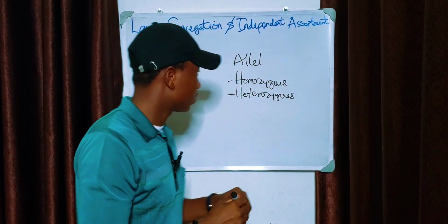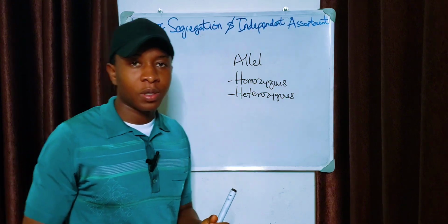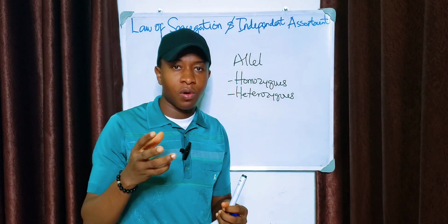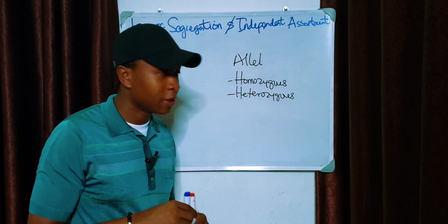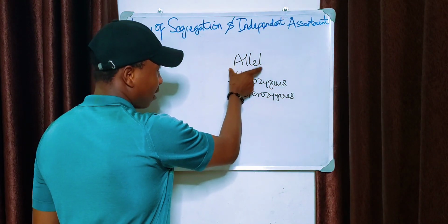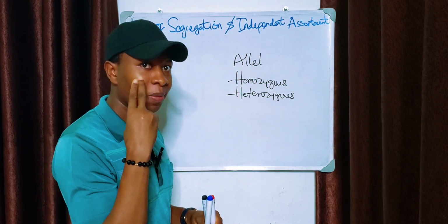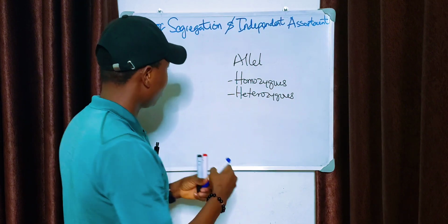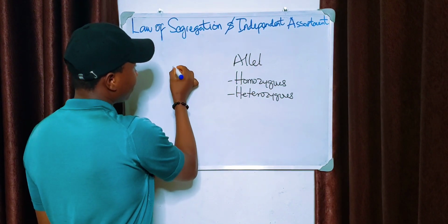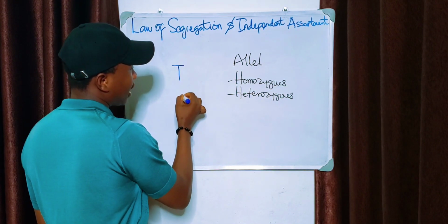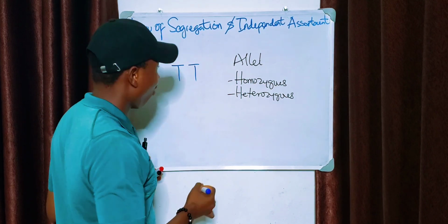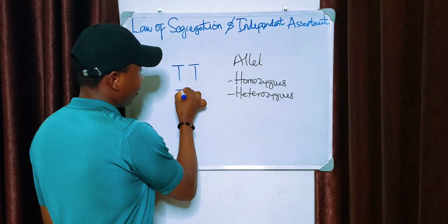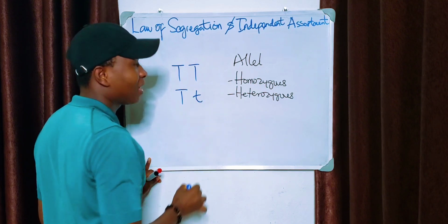Now, this is what I mean. Let's assume we are talking about the characteristic of height, and let's use T to represent it. Remember, the alleles are two, making up a pair. So you would either have the first allele and the second allele identical, or different.